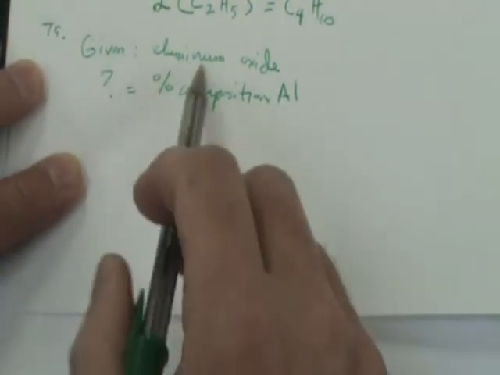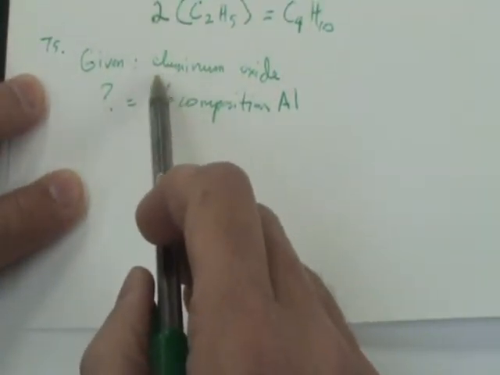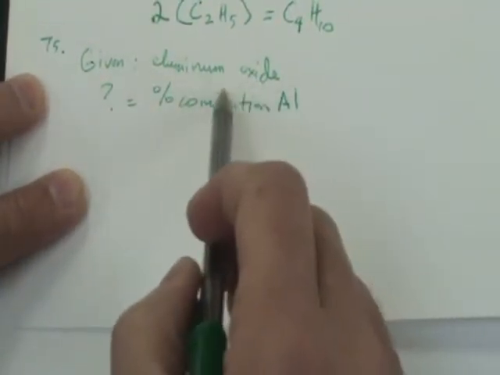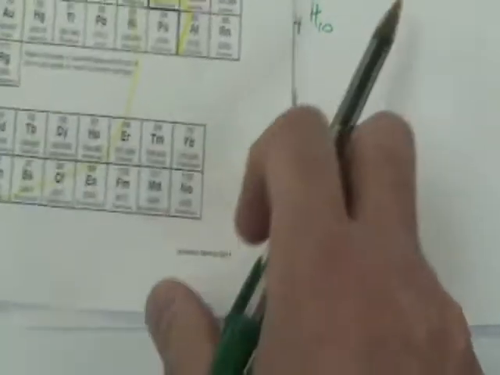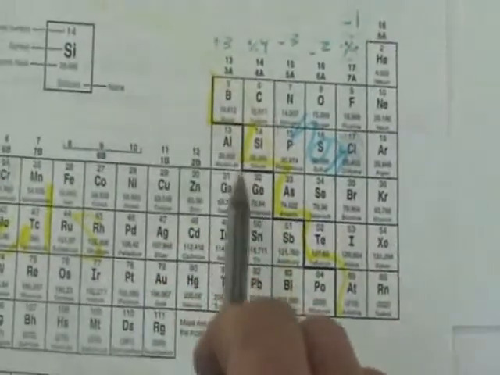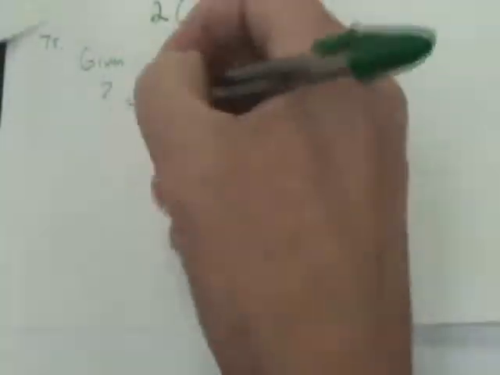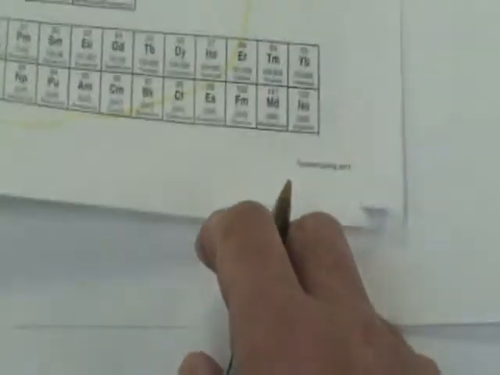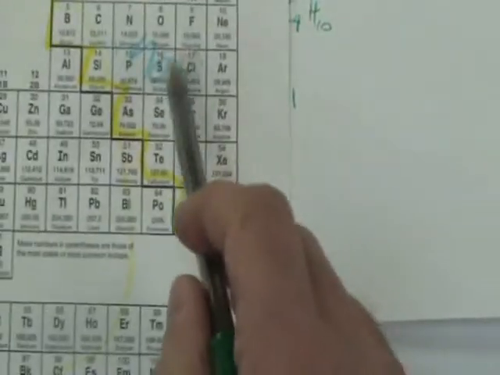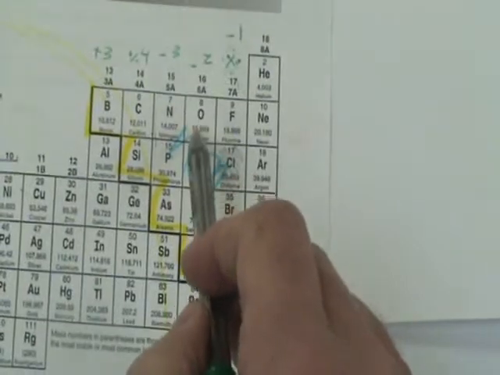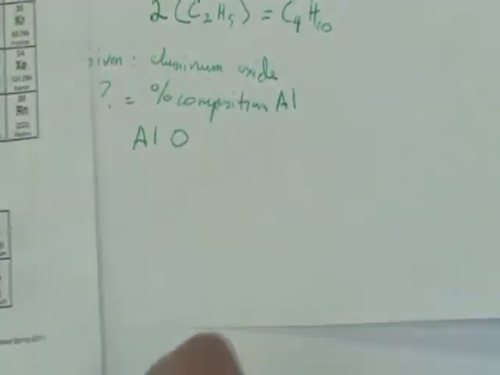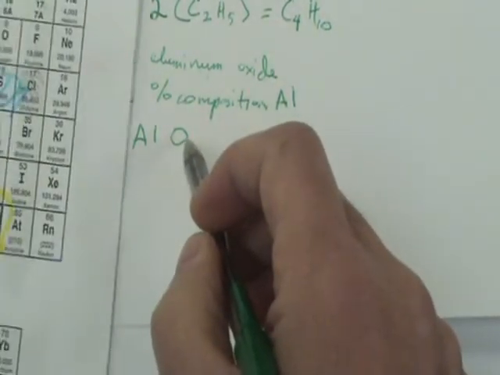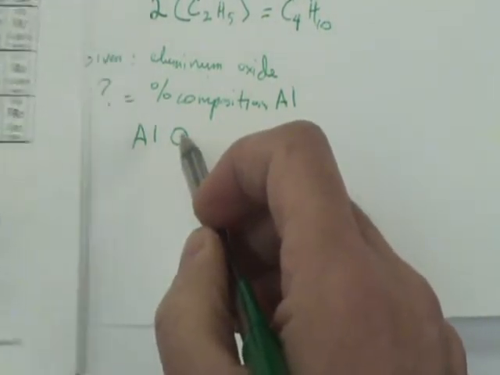Okay, so first thing we have to do here is, you see it's written down, we're not given the formula. So this is where we go to our periodic table. Y'all know that aluminum is Al. So we're going to convert it here. And oxide refers to oxygen, so I'm going to write down O. Now we have to determine our charges.